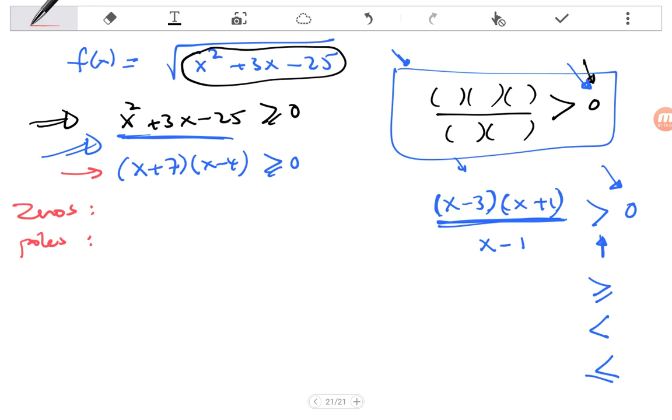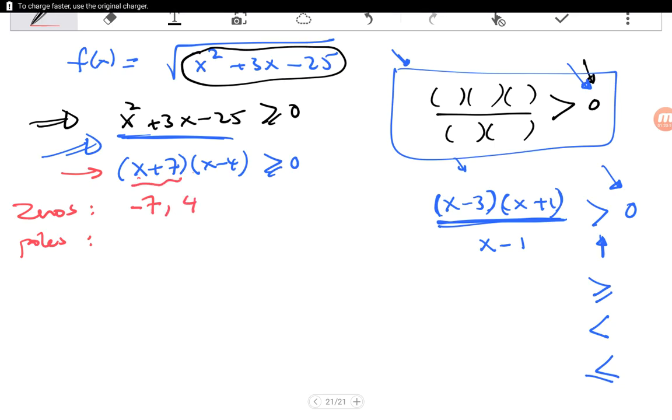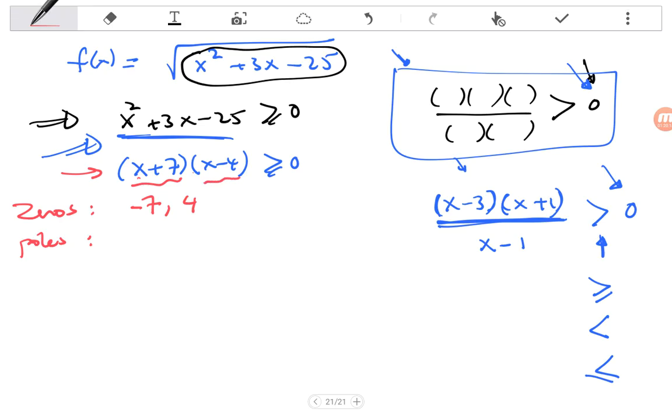What are the zeros? The zeros are the values of x which make the expression equal to 0. What are the zeros of this expression? It is negative 7 and 4. Negative 7 makes that bracket equal to 0, and 4 makes that bracket equal to 0.